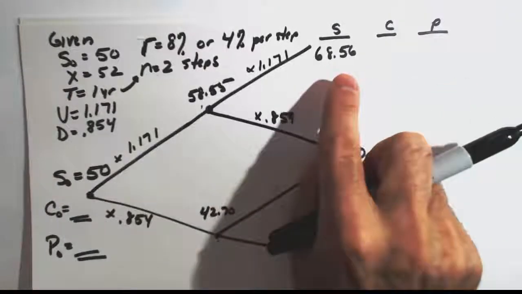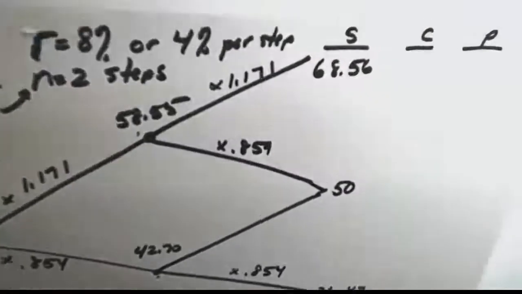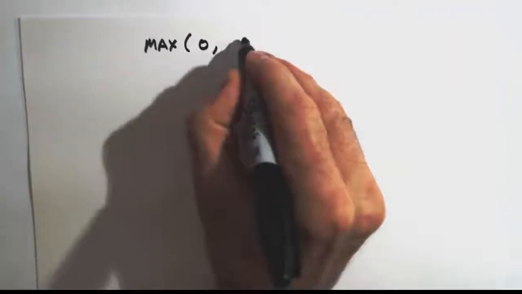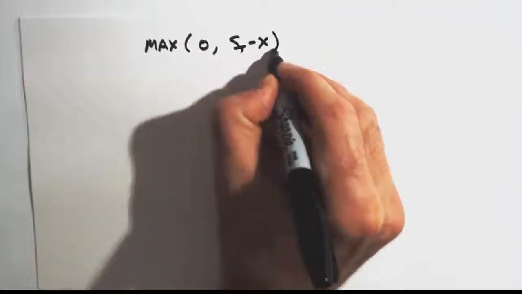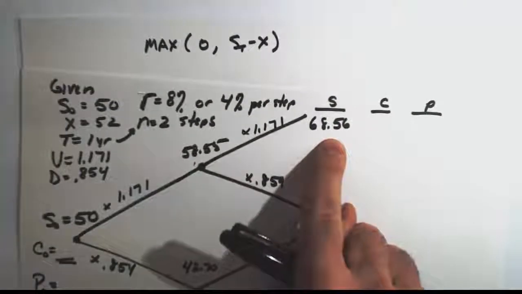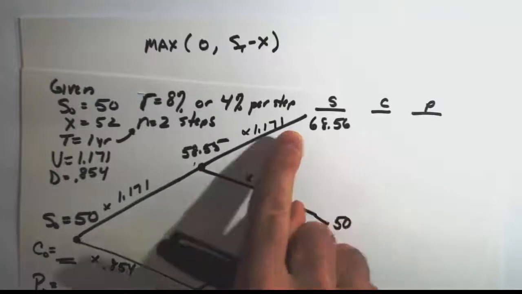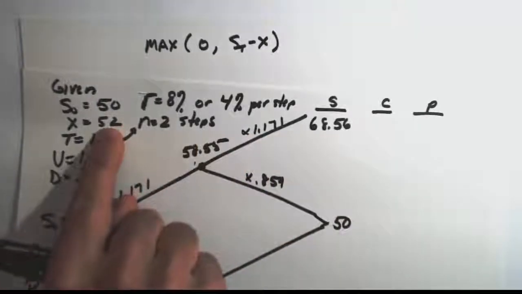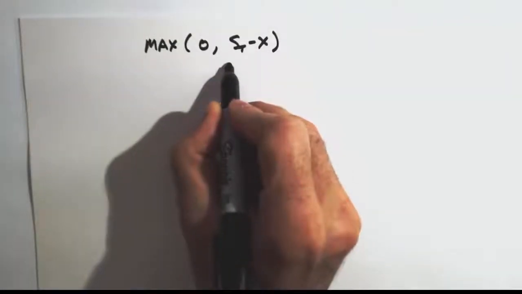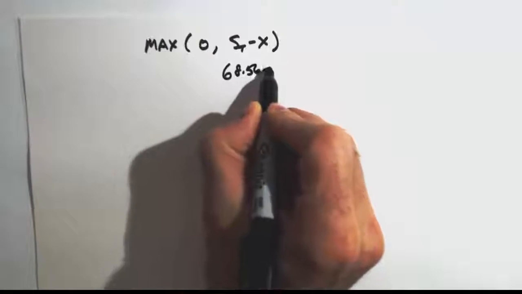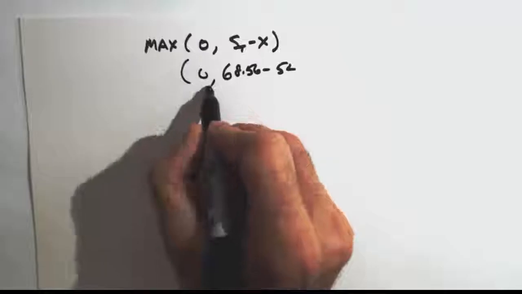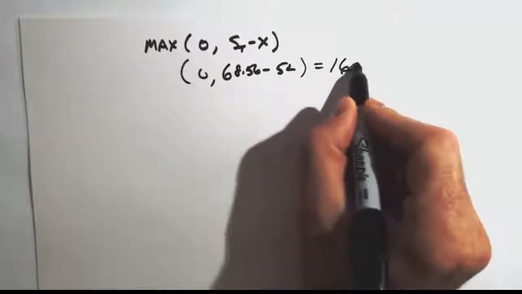The call value at expiration is the maximum of 0 or the stock price minus X. In this case, the option is certainly in the money because the stock is at 68 and change when the strike is at 52. So this is 68.56 minus 52, in the money by 16.56.